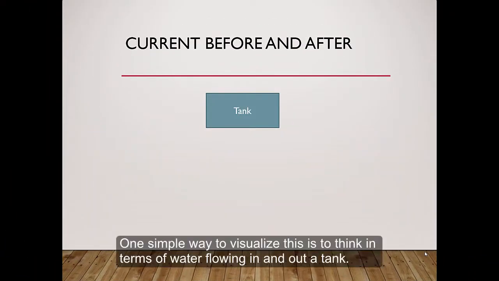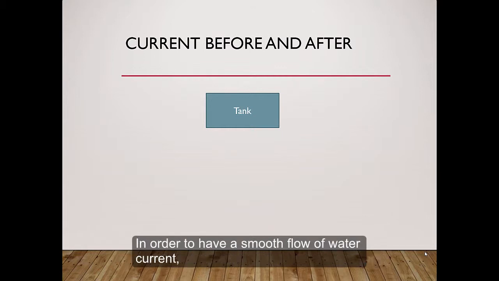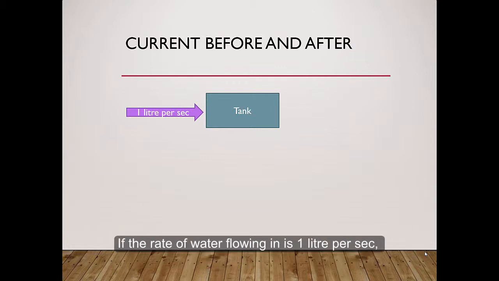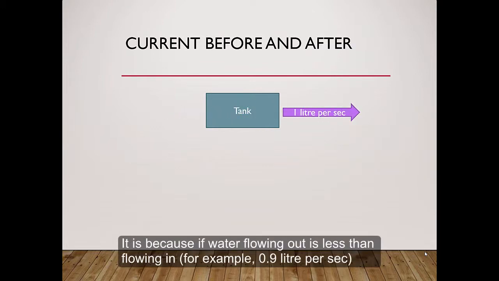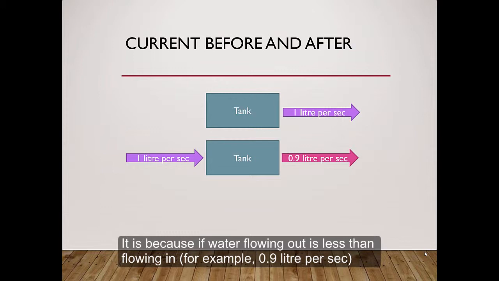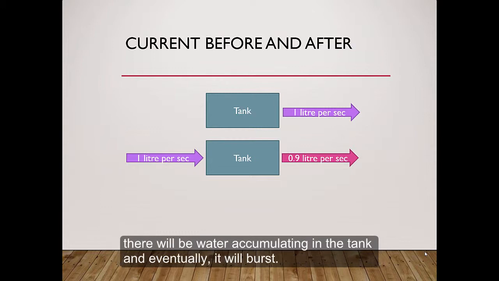One simple way to visualize this is to think in terms of water flowing in and out of a tank. In order to have a smooth flow of water current, if the rate of water flowing in is 1 liter per second, the rate of the water flowing out must be 1 liter per second. It is because if the water flowing out is less than flowing in, for example 0.9 liters per second, there will be water accumulating in the tank and eventually it would burst.